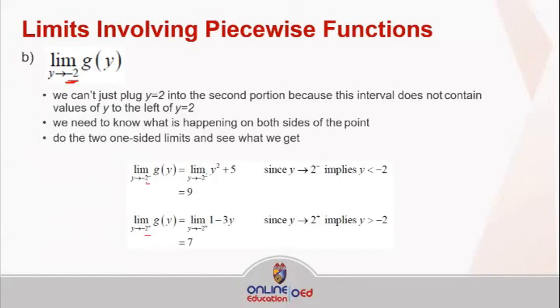So we have the limit of y squared plus 5 as y approaches negative 2 from the left, and the limit of 1 minus 3y as y approaches negative 2 from the right. For the left-hand side we have 9, and for the right-hand side we have 7.